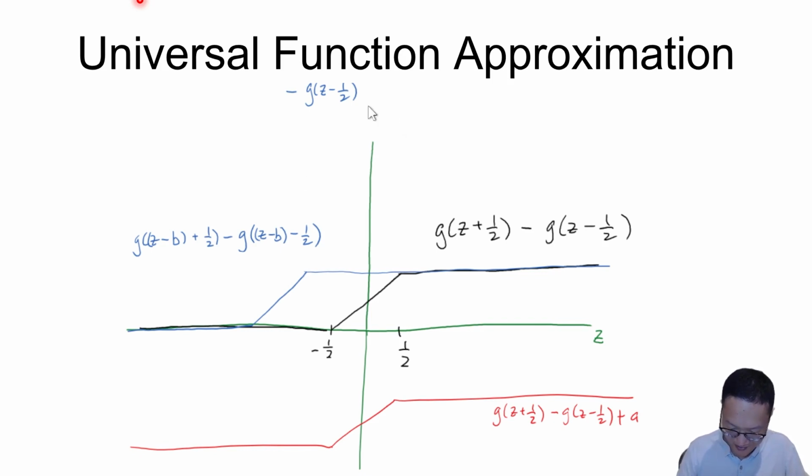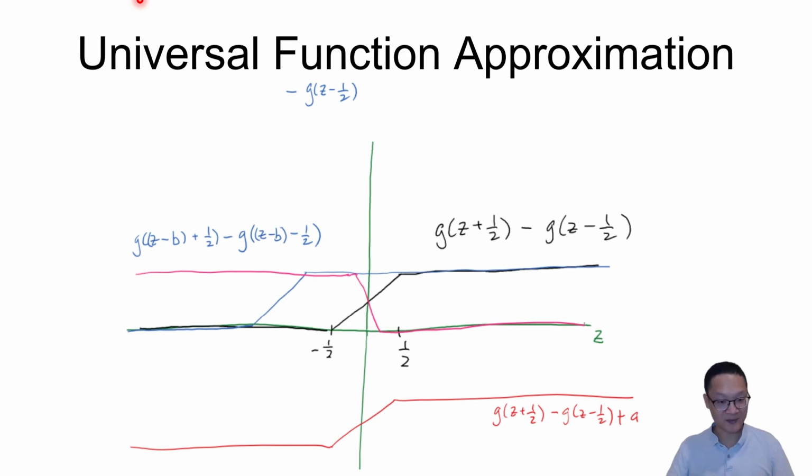Let me get a different color. So for example, let me draw the function first. So let's say we have this function. Now, instead of going up and down between minus 1/2 and 1/2, we can go up and down in a smaller region. And in addition, we can flip the function left and right.